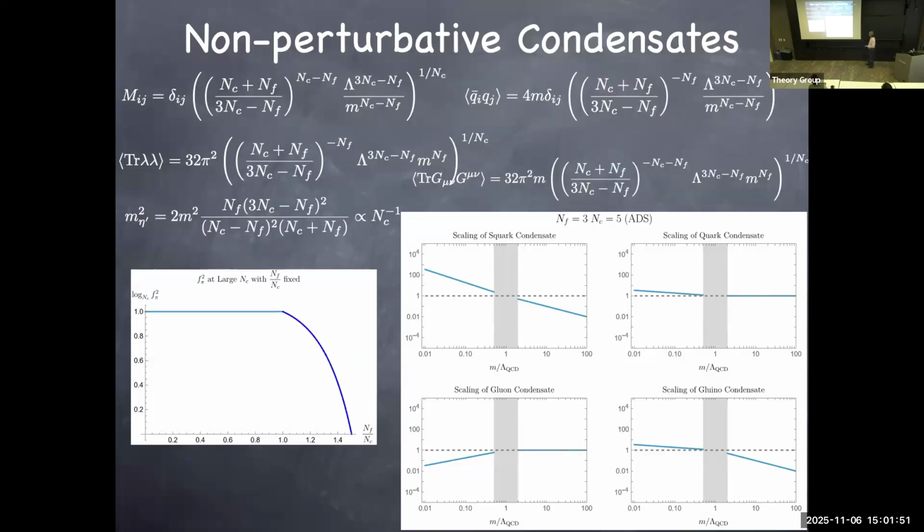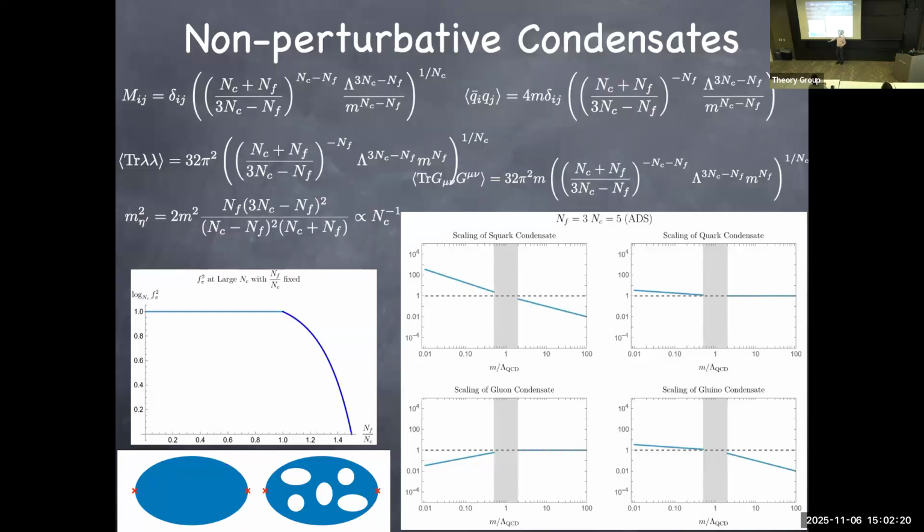And you can also compute a kind of question you can never do in lattice gauge theory or even the large NC discussion. So I told you already f pi squared is indeed order NC when NF is up to NC. But now that I can solve the theory exactly, I can also ask how f pi depends on NC and NF when NF is as large as NC, and this is the behavior.